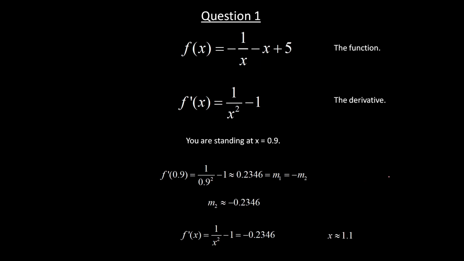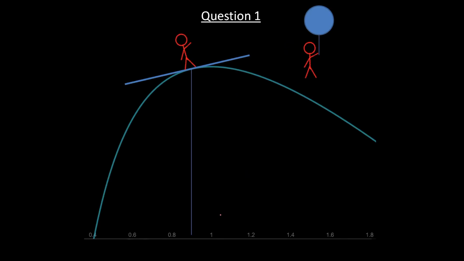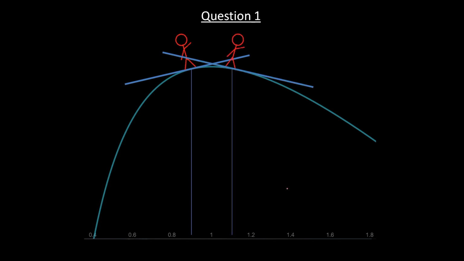And we'll find that's about 1.1. So standing at 0.9 means your friend falling down here will have to land way over here at about 1.1. And there you'll have the same steepness.